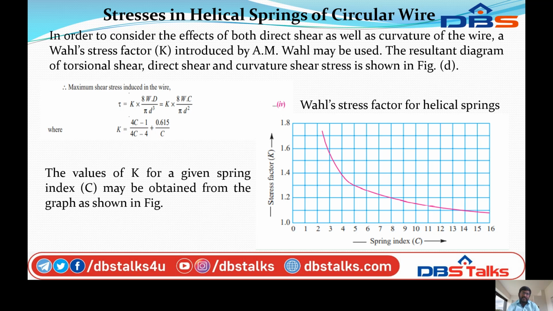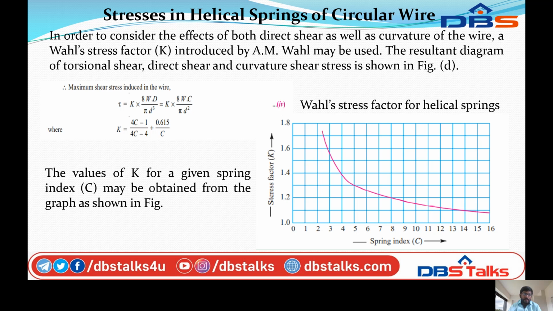In order to consider the effect of both direct shear as well as curvature of the wire, a Wahl stress factor introduced by A. M. Wahl may be used. The resultant diagram of torsion shear, direct shear and curvature shear stresses is shown in the figure.